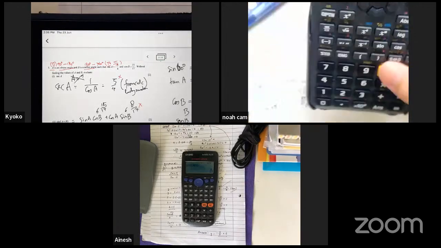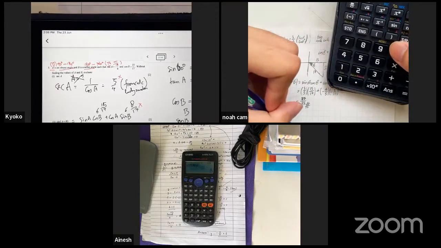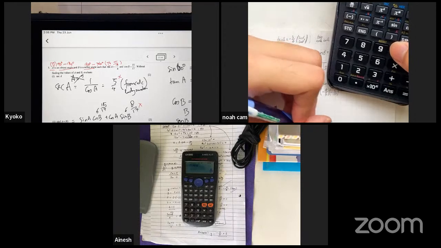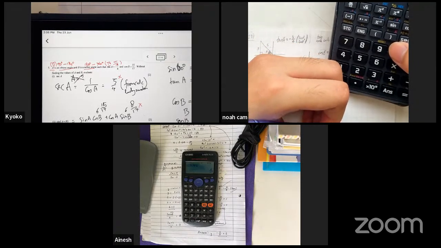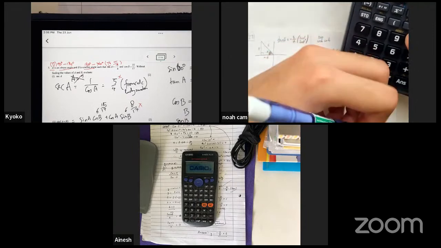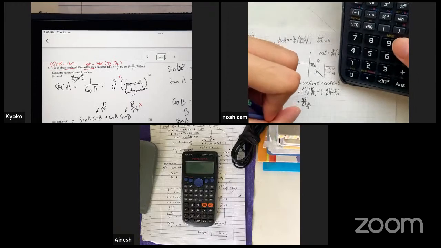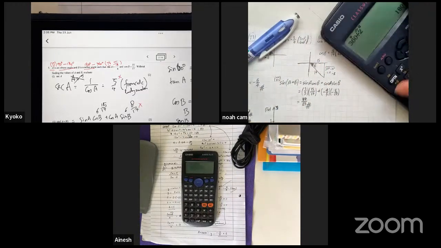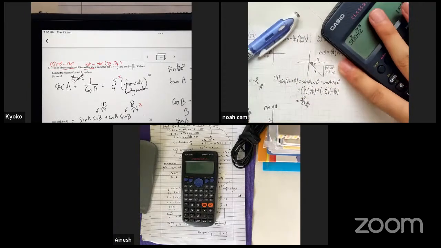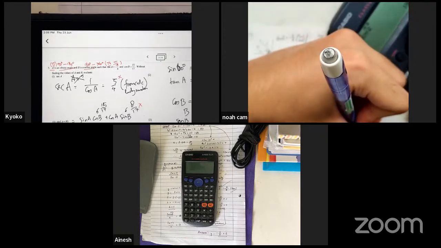Ainesh, do you understand what's going on? Somewhat, yeah. All right. So this is from the calculator, right? 28.1. And then according to our analysis using the graph, we suddenly think that B may also be 360 degree minus 28.1 degree. Because again, this is 28.1.